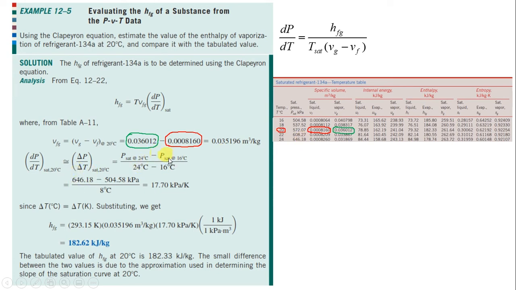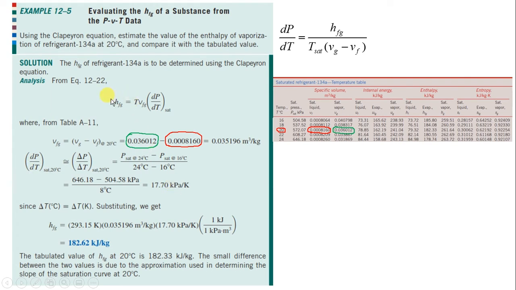Similarly, Psat for 16 is 504.58, divided by the temperature difference, which is 24 minus 16. You should note that we have taken 24 and 16 because we are interested in 20 degrees Celsius, but to calculate the slope we take a higher and a lower point as a reference. We have done that over here. So we will get the dP by dT sat value as 17.7.